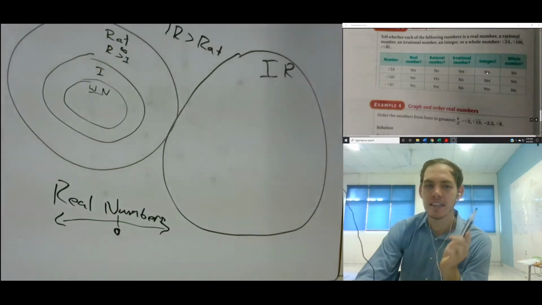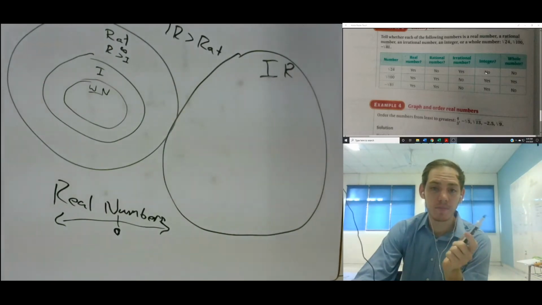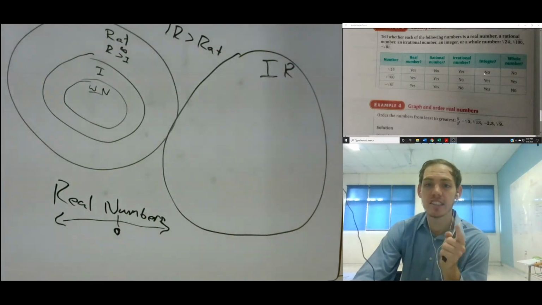If you cannot take the square root of the number and it's a decimal, it's going to be irrational. Okay? If the decimal doesn't end. Okay? If it's irrational, it is not a rational number, and it can't be an integer, and it can't be a whole number. Okay?